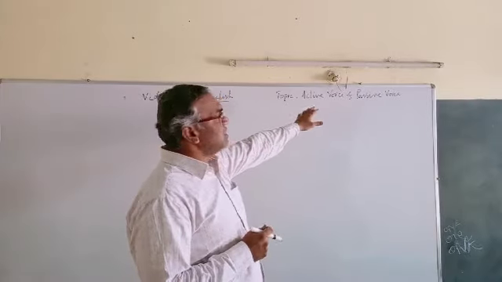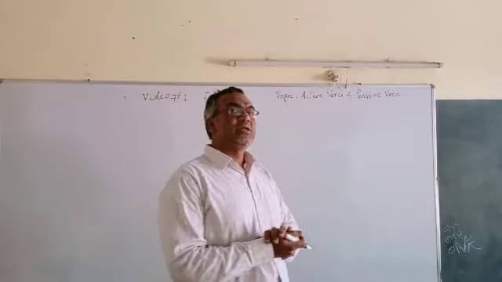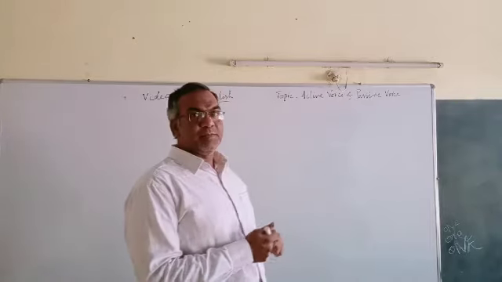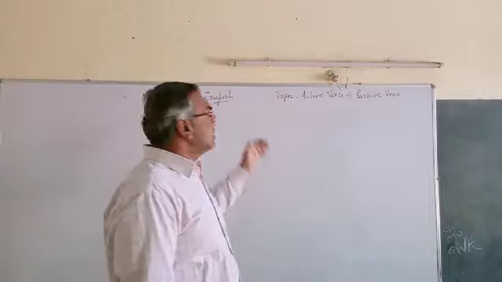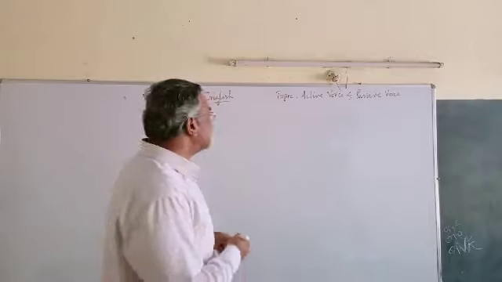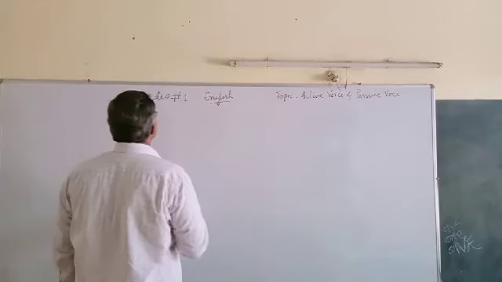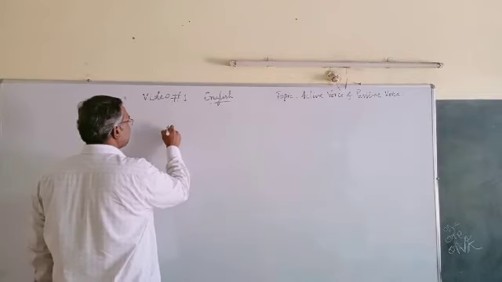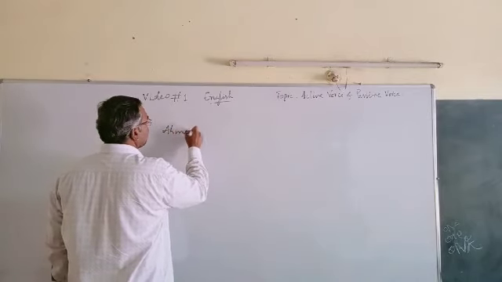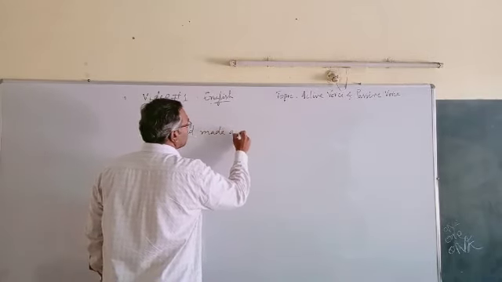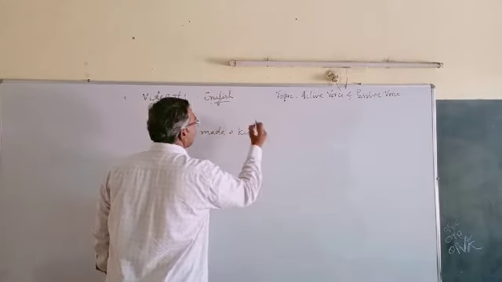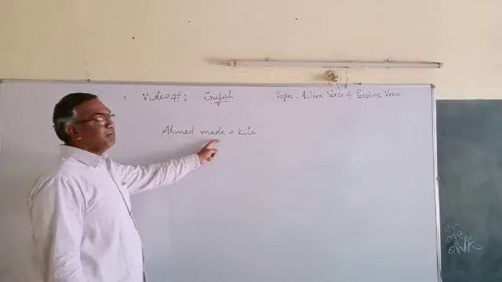Now let's first see what is the difference between active voice and passive voice. To see the difference, observe these two sentences. I'm going to write some sentences here. Ahmad made a kite.